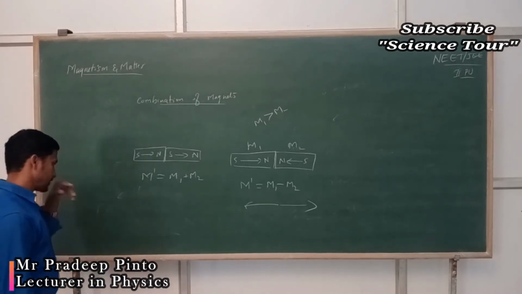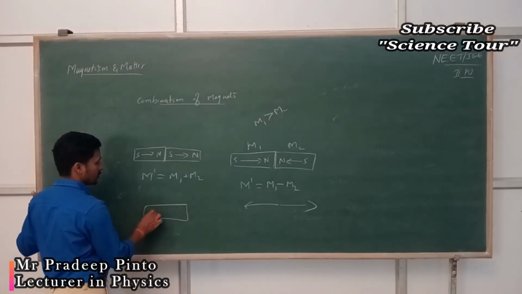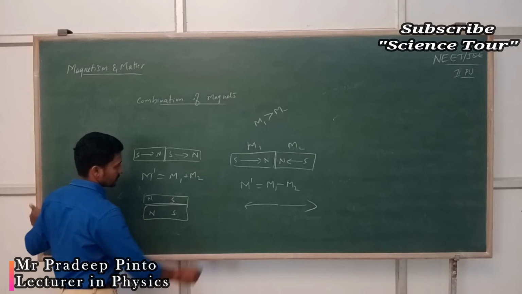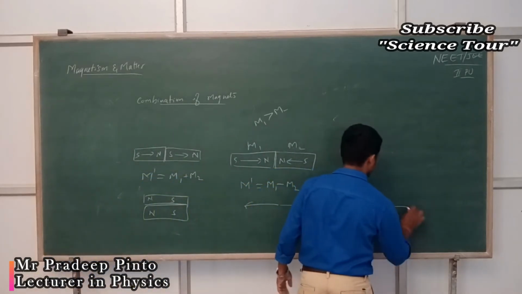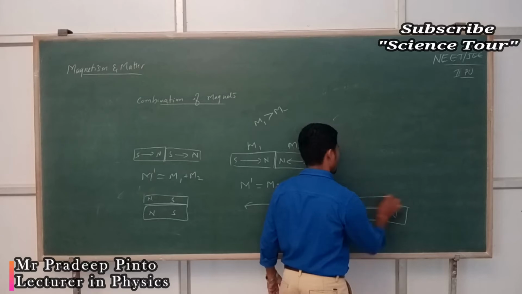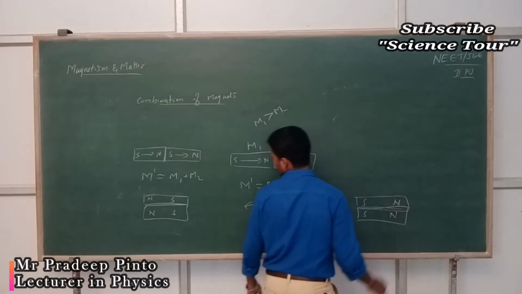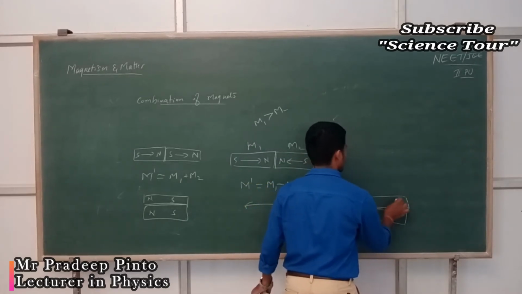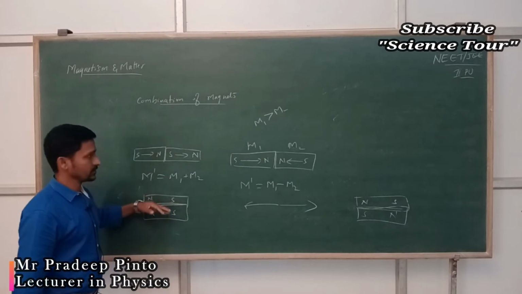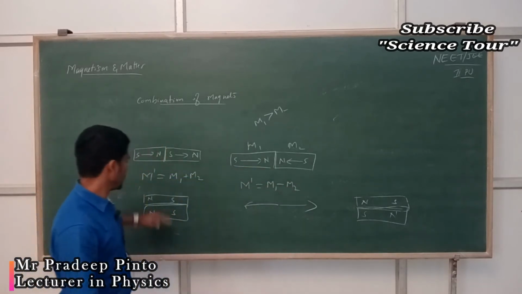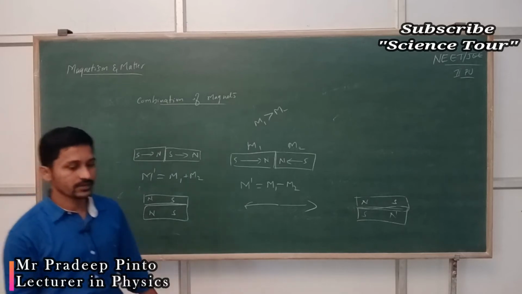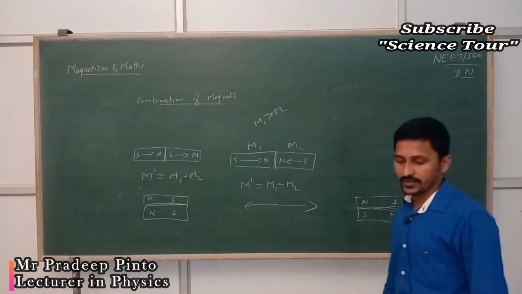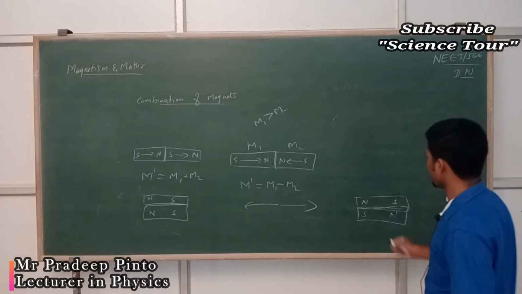Now what if north south and north south you keep, and what if south north and south, in a different way. So north south you keep. This was on a series basis, now on a parallel basis, one over the other, with same poles on one side and different poles on the other.